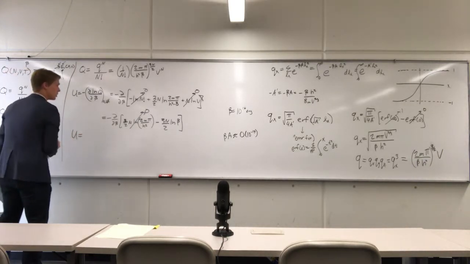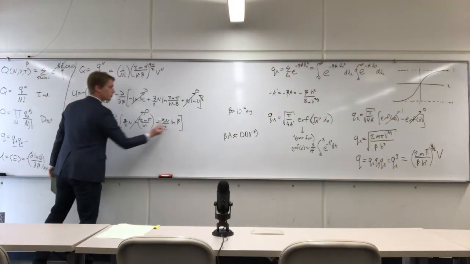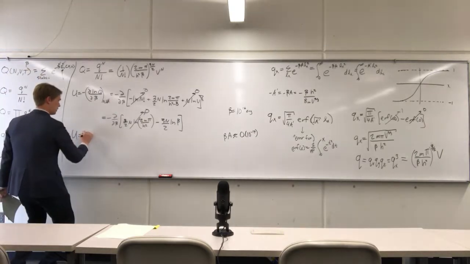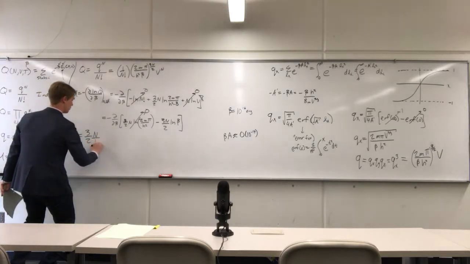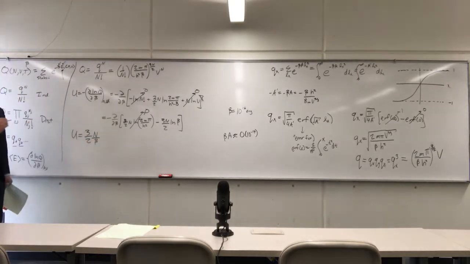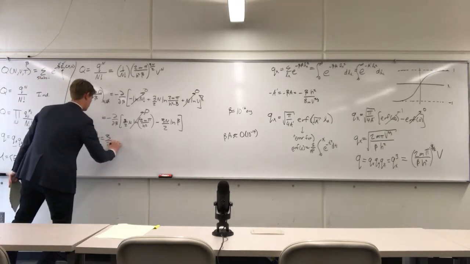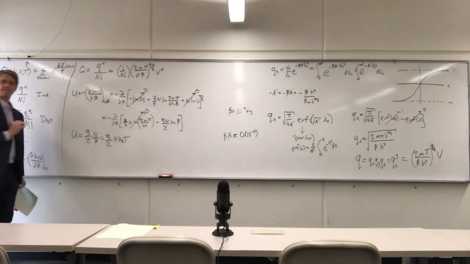Which gives us the result that the internal energy is going to be the partial derivative of the natural log, which is going to be what? 1 over beta. So we get 3 halves N over beta, which is equal to 3 halves N kBT.